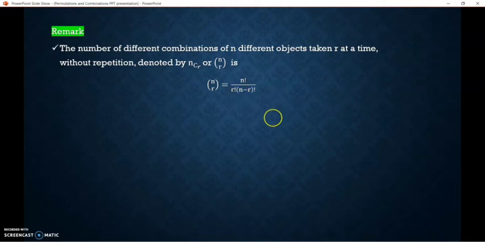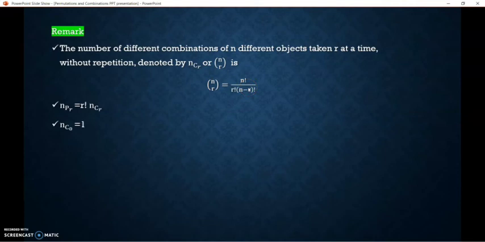So whatever is repeating, we divide out to get the total number of combinations from the total number of permutations. Secondly, nPr is exactly equal to r factorial times nCr. That means if I take r factorial to the other side, what I get is nPr.